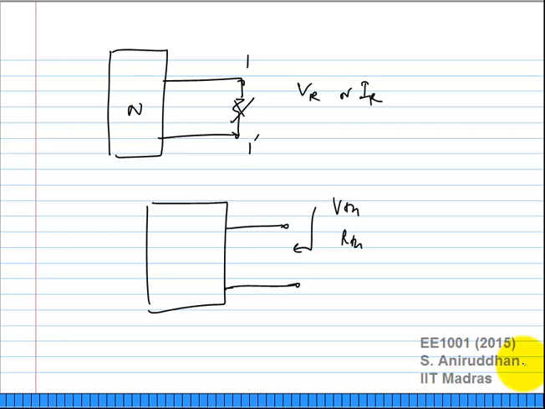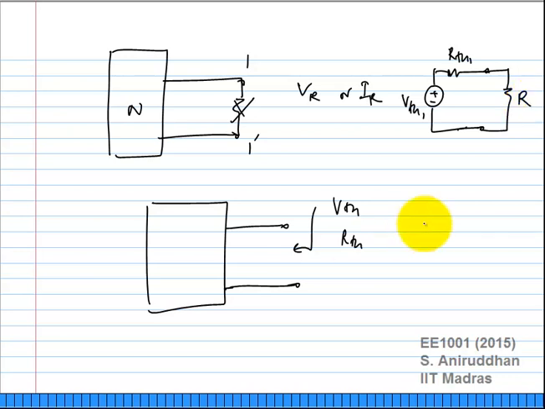Earlier, if I had replaced, I would have got some RTH1, VTH1 across 1 prime. I would have connected R here, and I can calculate what current and voltage are through R. It will still remain VR and IR.